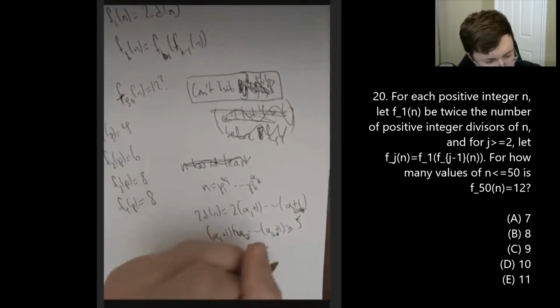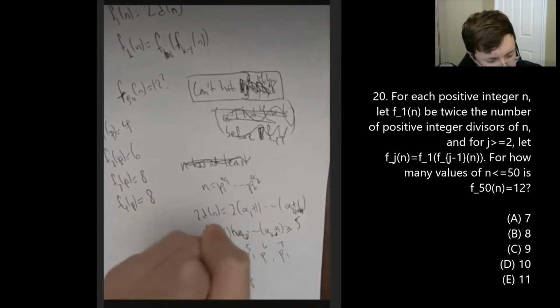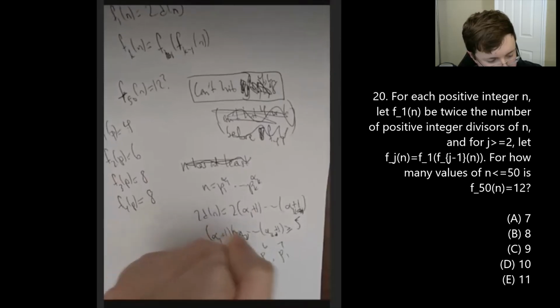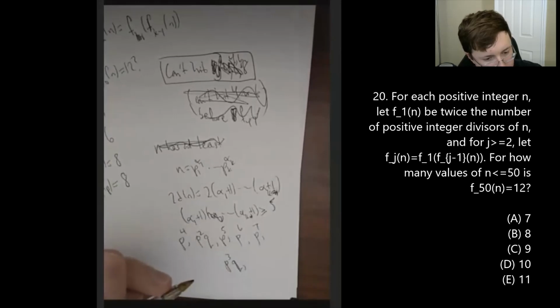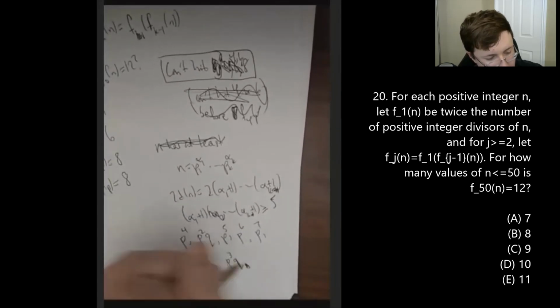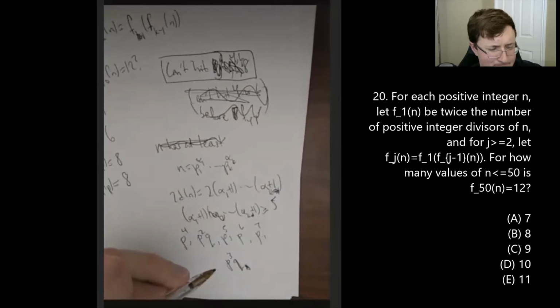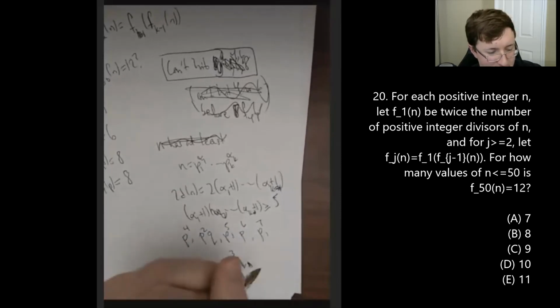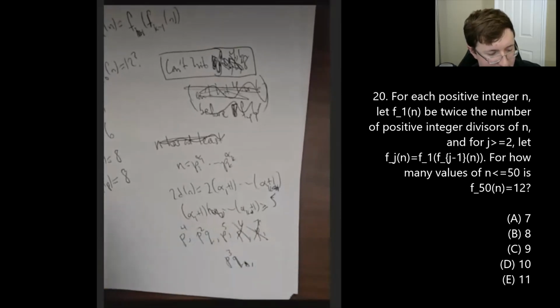Okay, if I have 8, I could have a 7th power, a cube and a prime. I think that's it, 1 times 8, or 4 times 2. 2 cubed times 3. Okay, I don't think I have to go much further. I can't have any 6th or 7th powers.